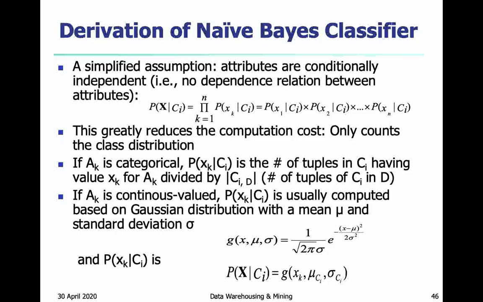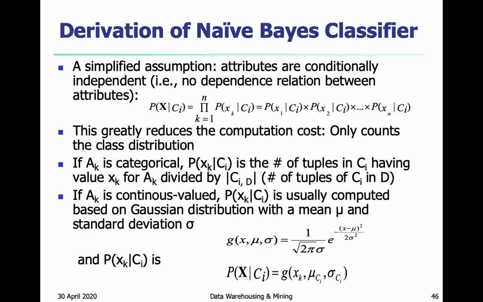And suppose the age is continuous valued. According to the data set, it is given that the customers who buy a computer are of 35 plus minus 10 years of age.